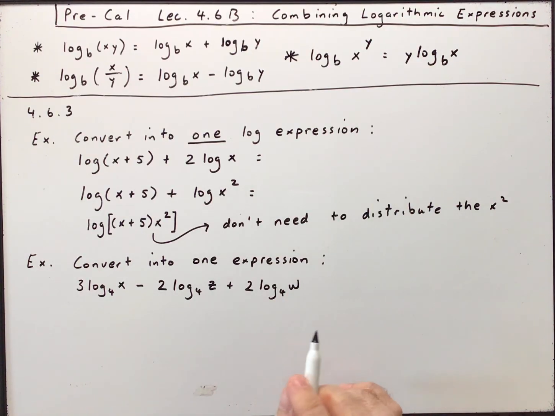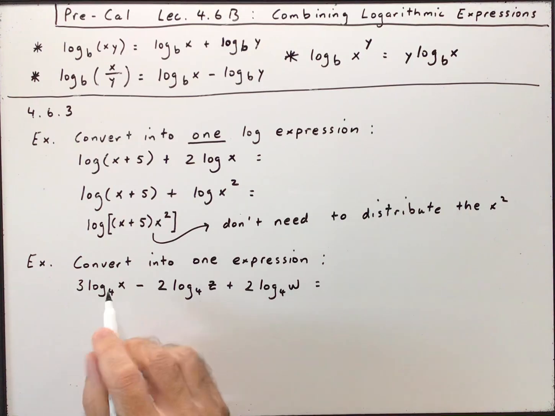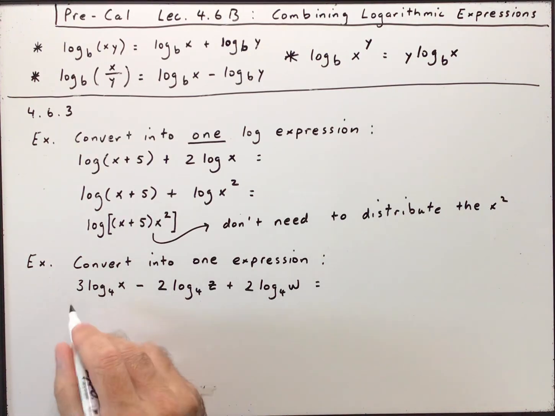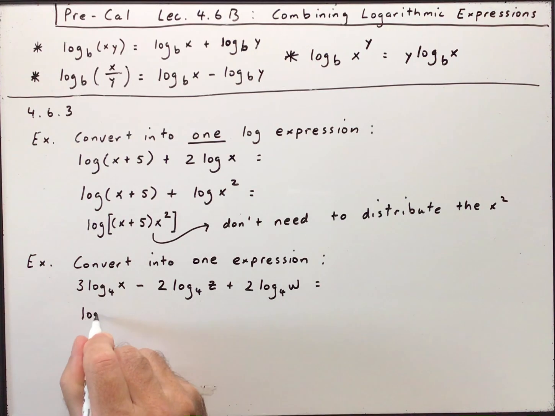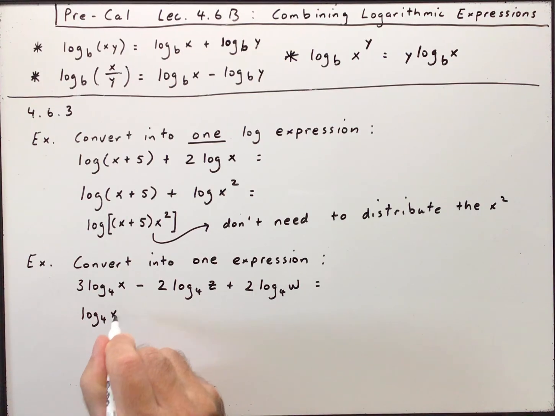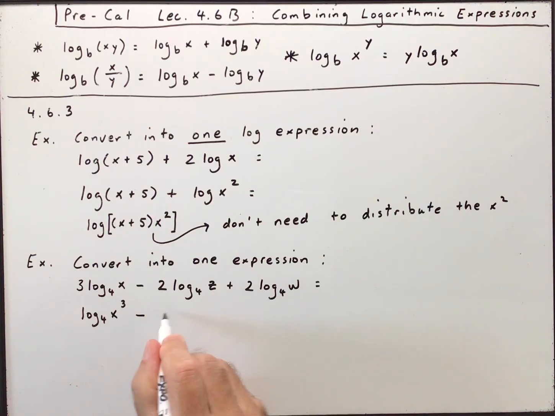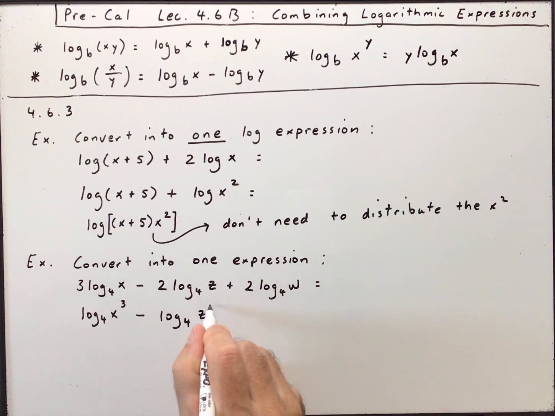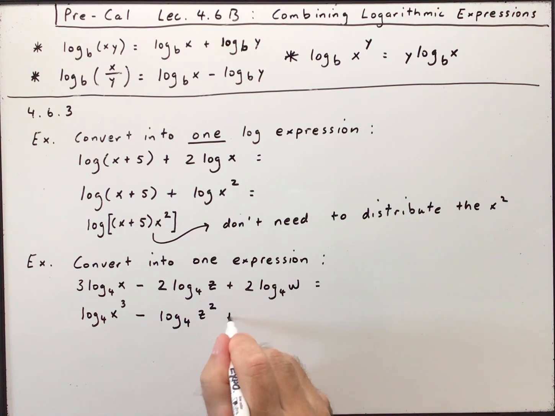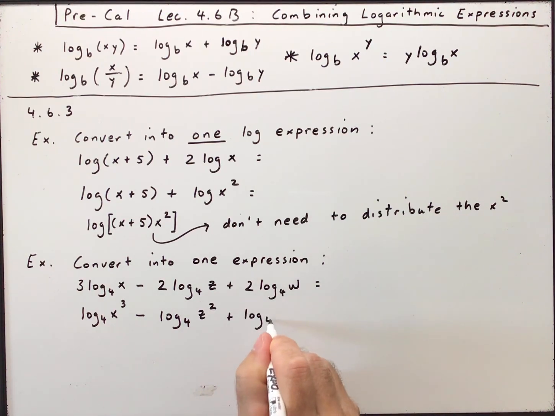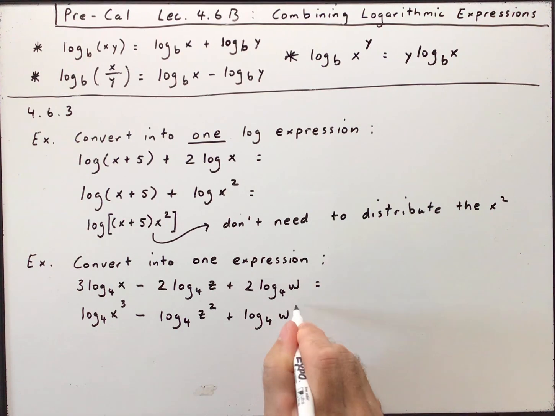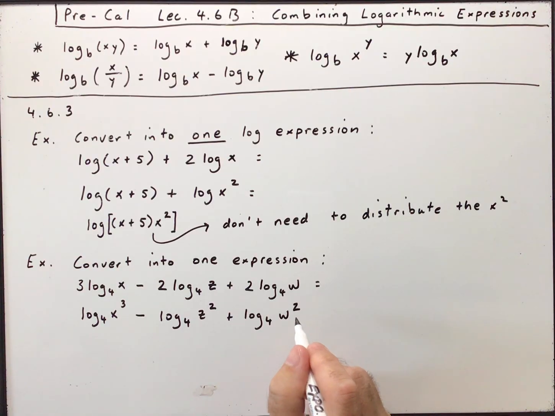So first of all, what we want to do is take care of these coefficients, make them into exponents. So we've got log base 4 of x cubed, so bring that 3, make it into an exponent, minus log base 4 of z squared plus log base 4 of w squared.